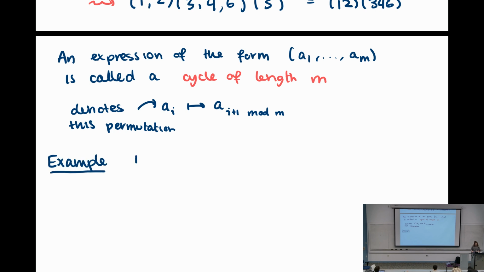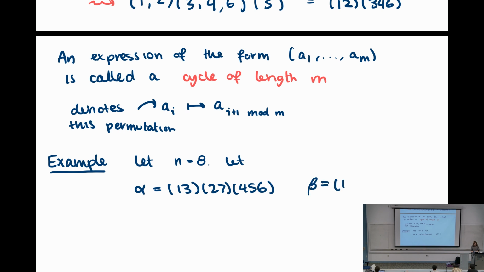So let's let alpha, and I think I'm going to have n equal to 8, and we'll let alpha be equal to (1 3 2 7 4 5 6), and then beta be equal to (1 2 3 7 6 4 8), and then 5 is fixed.